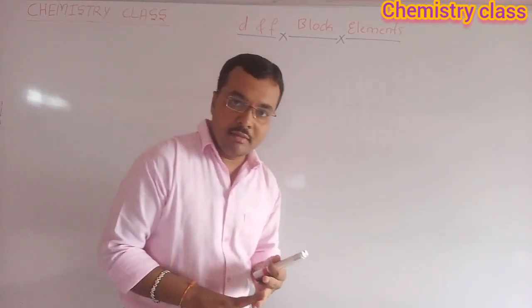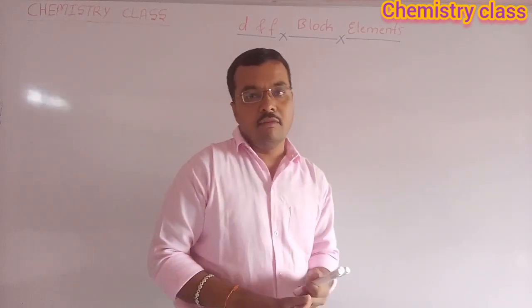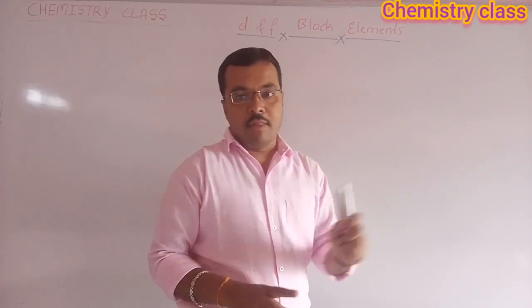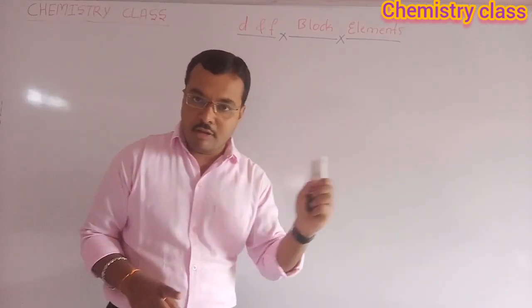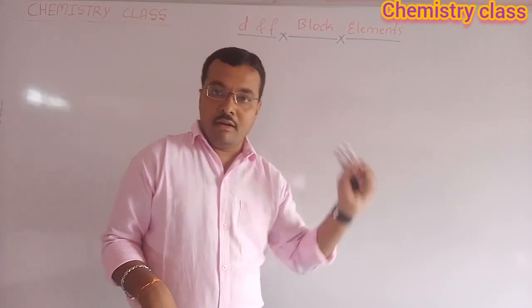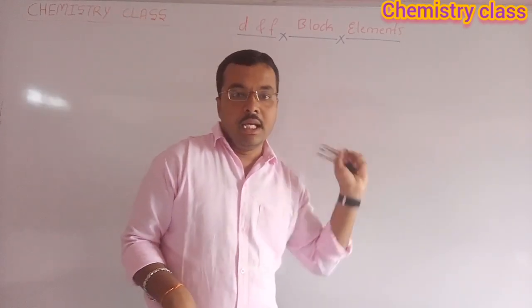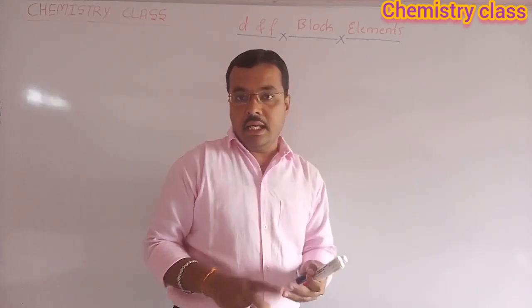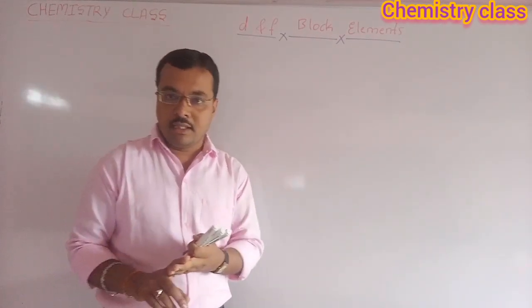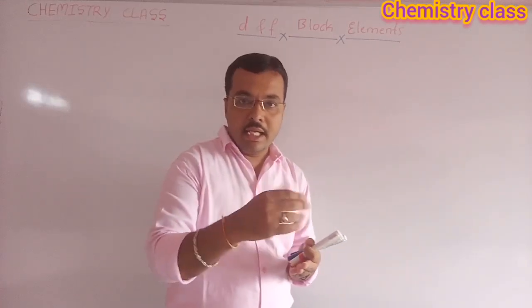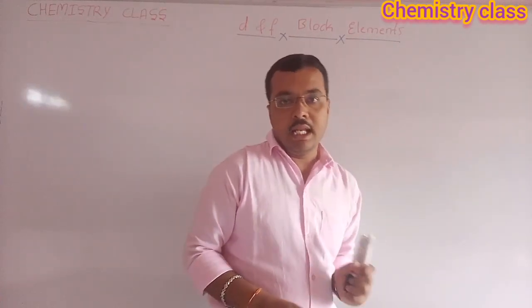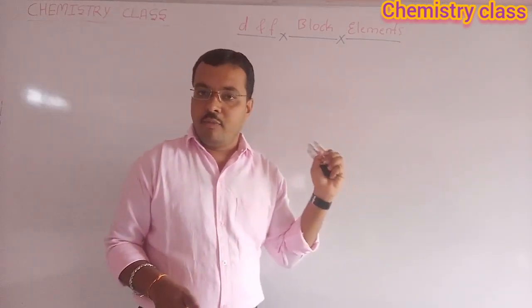D block elements are those where the upcoming electron enters the outermost D atomic orbital, and those can be categorized under the D block elements. Another one is the F block elements. F block elements are those where the upcoming electron enters the outermost F atomic orbital. Those are called the F block elements.